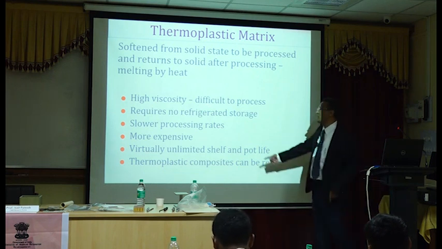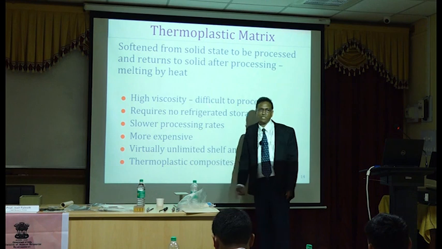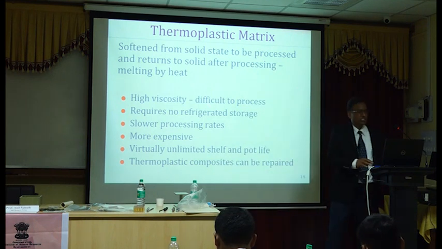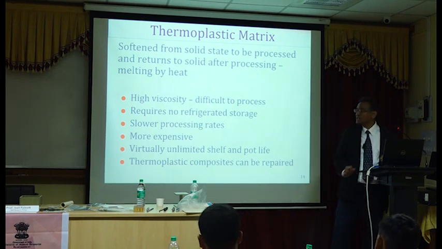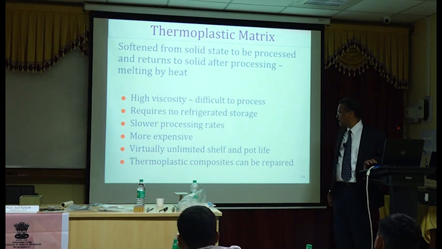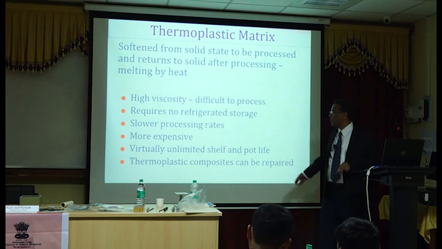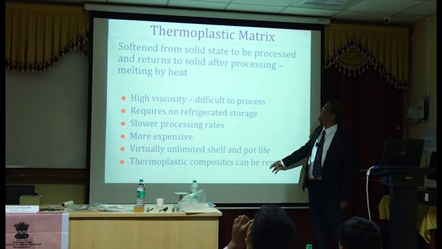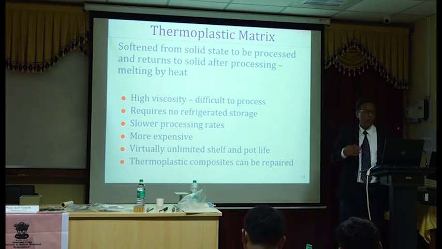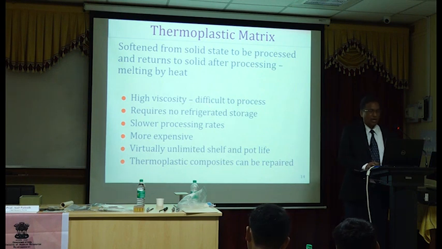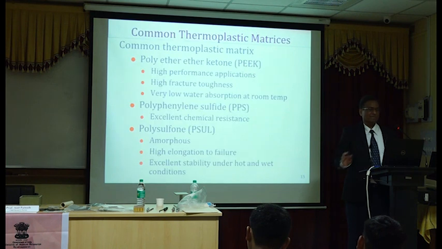That's a big item. It's more expensive, so it's more common in the aerospace industry. Unlimited shelf and part life. And the good thing about thermoplastic matrix is you can repair a composite made with thermoplastic matrix.